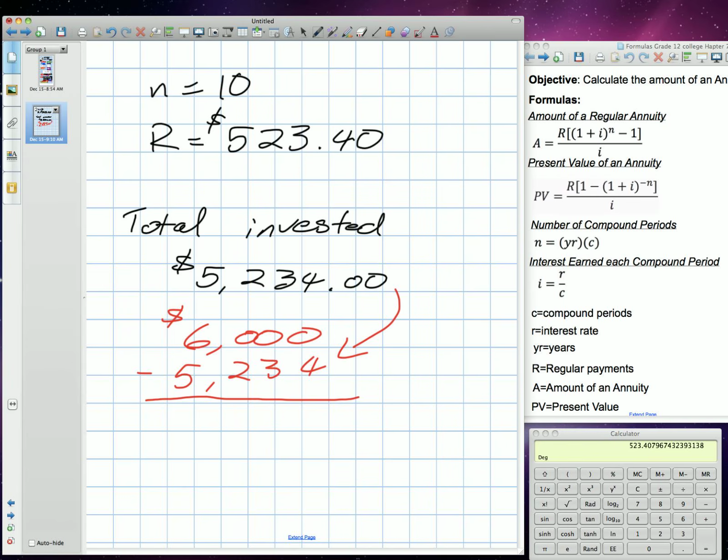There we go. So Brianne earned in the 5 years $766 in interest by investing $523.40 every 6 months at 6% compounded semi-annually. A lot happened there.